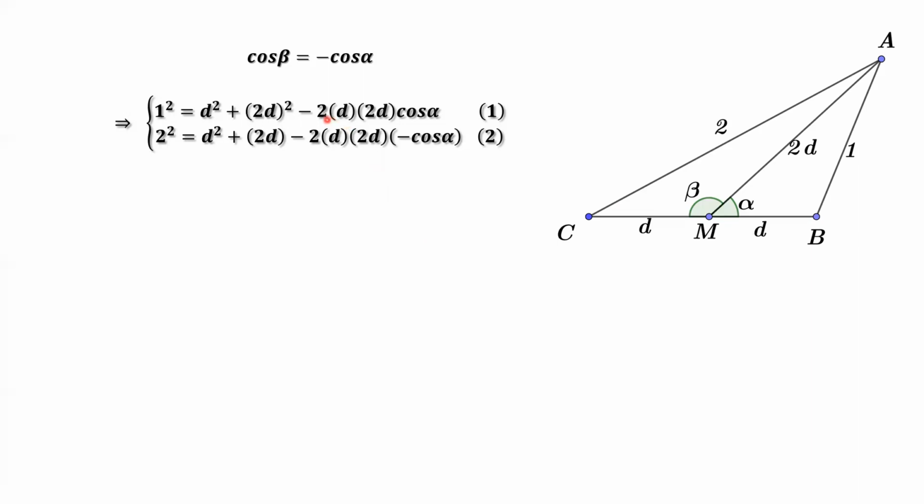Check the last term on the right-hand side. The first one is negative. Second one, negative, negative, it's positive. If we do the operation equation 1 plus equation 2, this term will disappear.